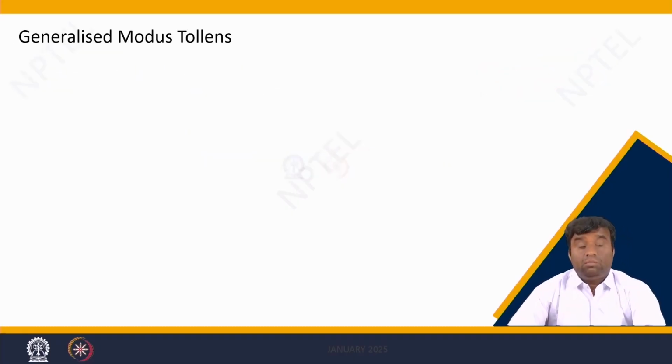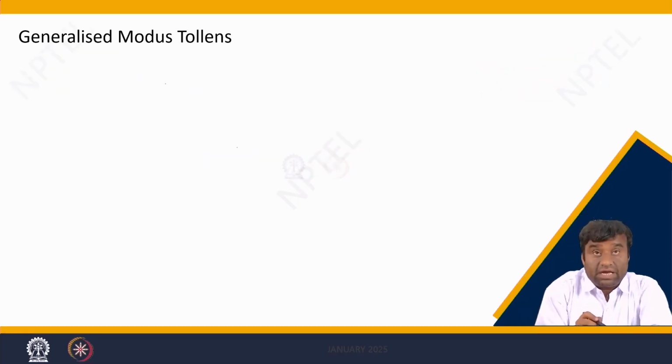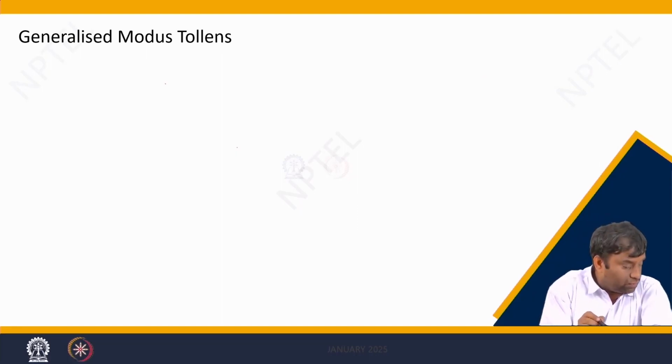Now check modus tollens, the generalized modus tollens. Here the fact is that y is B dash.